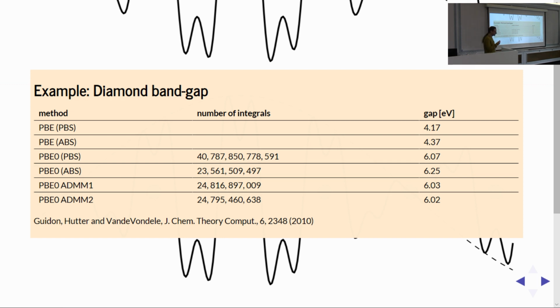Most orbital energies, band gaps, etc., are probably within about 50 meV of the full calculation if you've got a decent basis set. You may be able to do better, but it's not perfect, but it's pretty close.